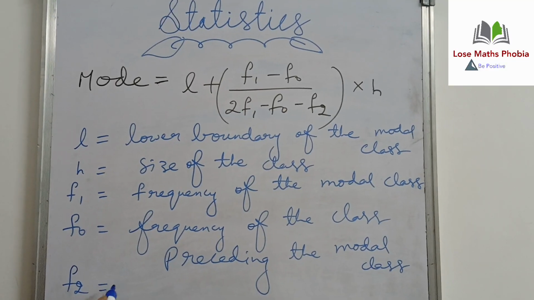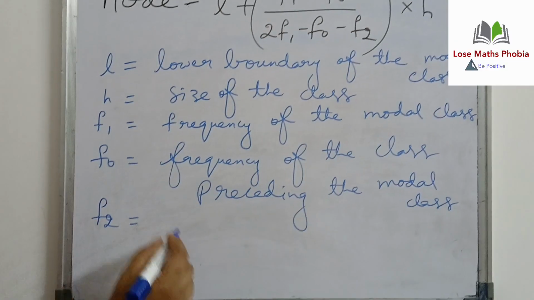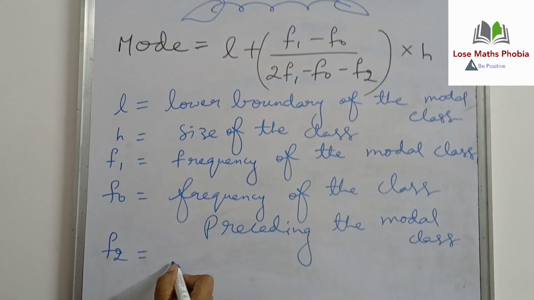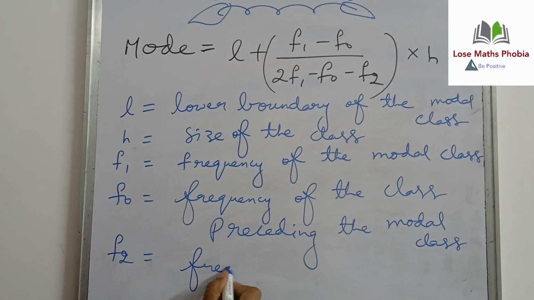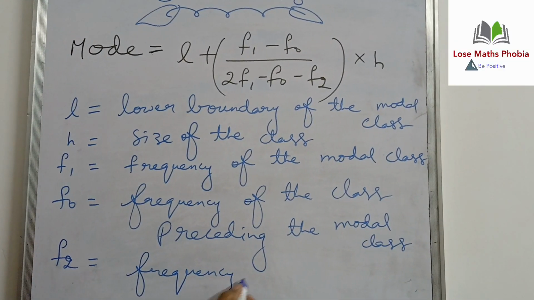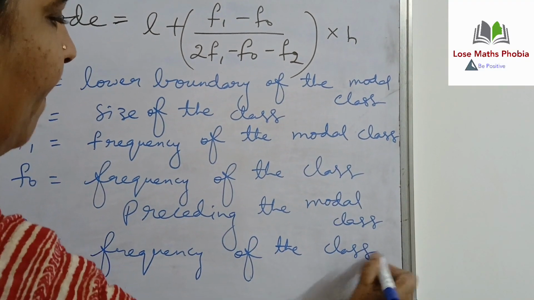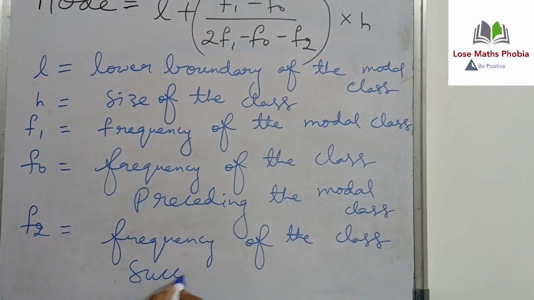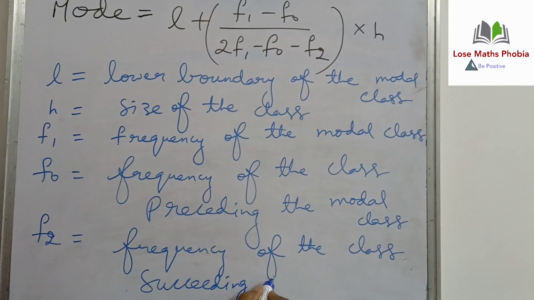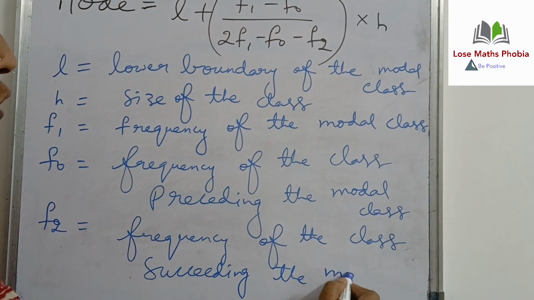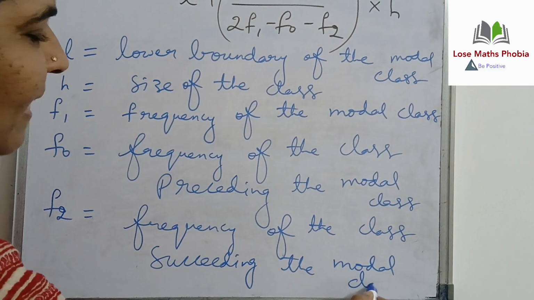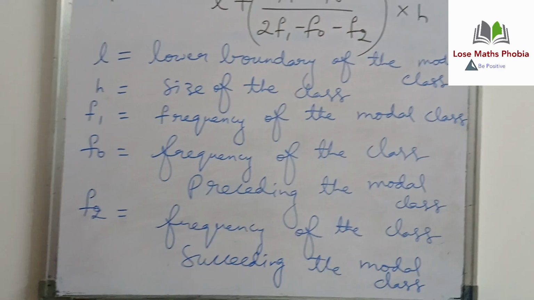F2. It's not fun and frustration. It's what? Frequency of the class succeeding the modal class. And these spellings are superb, you know. When they are learned, you'll be feeling so happy.